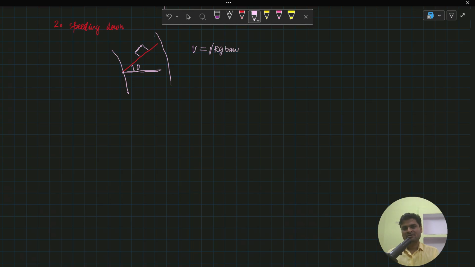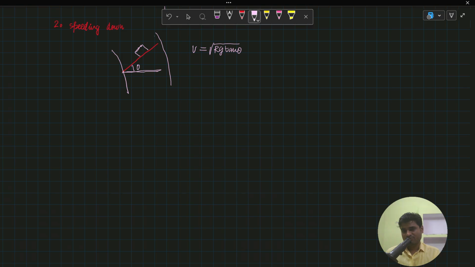But if our vehicle is slowing down below this velocity, the vehicle starts to come down on this plane. So the radius has to decrease, and it will start to come down.